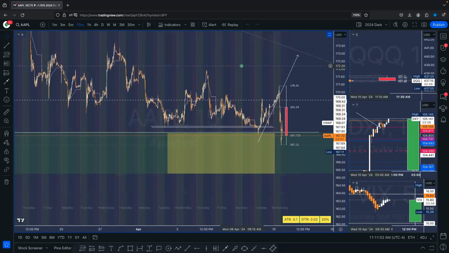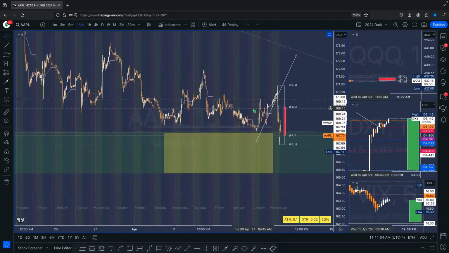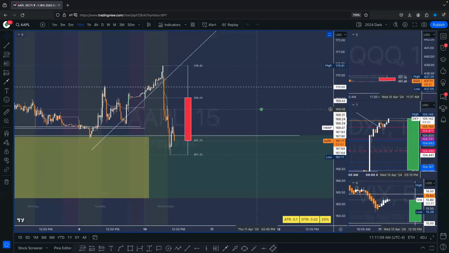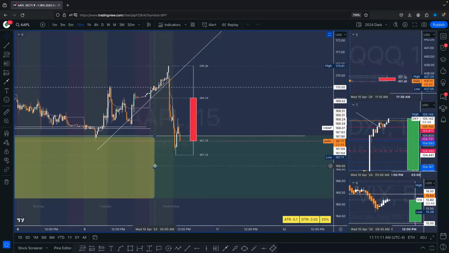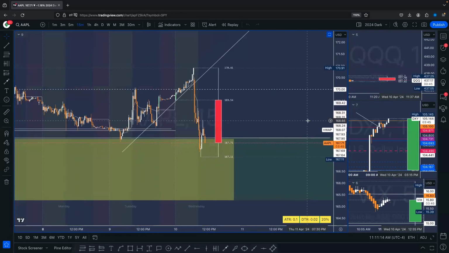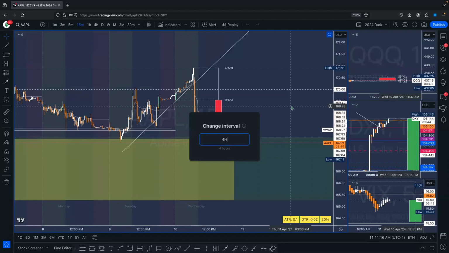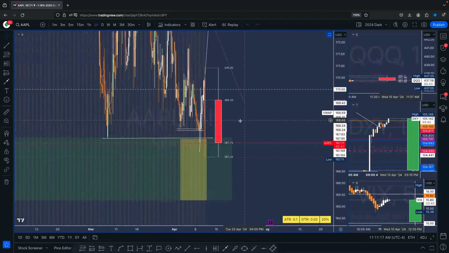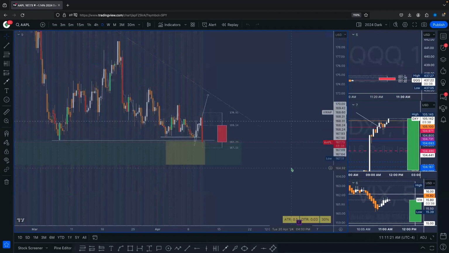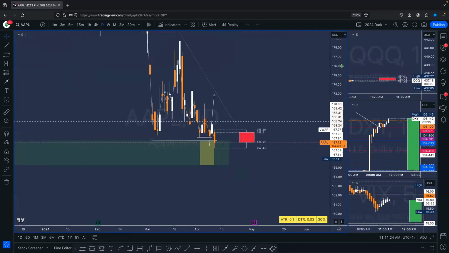So Apple is below that 167.90. Had that push lower. Got all the way to 167.11. That's the 4-hour or 1 day. That's what the 1 day looks like.